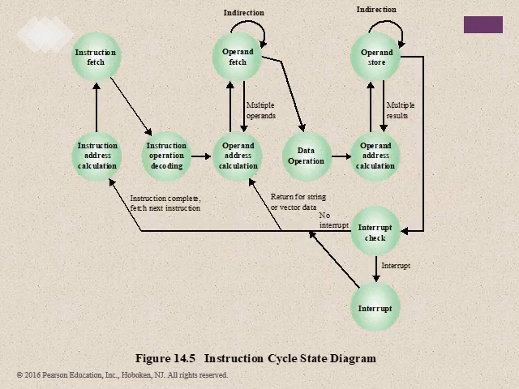Another way to view this process is shown in this slide. This illustrates more correctly the nature of the instruction cycle. So once the instruction is fetched, its operand specifiers must be identified.